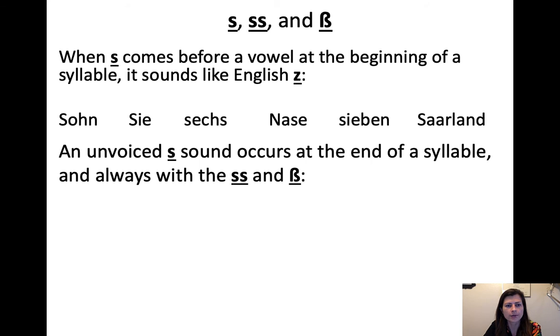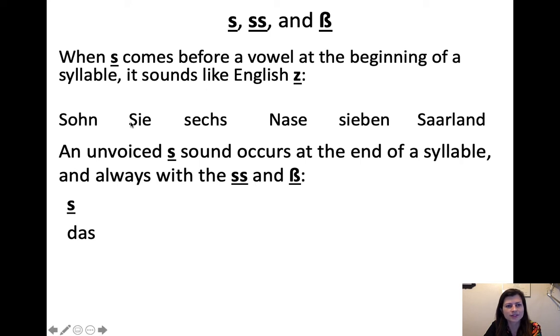An unvoiced S sound occurs at the end of a syllable, and then always unvoiced S with the double S or the Eszett, which is the same as a double S. You could replace it with a double S if you don't have the right keyboard at the moment, for example. So S is, for example, at the end of a syllable, das. So it's not like 'does', it's das.